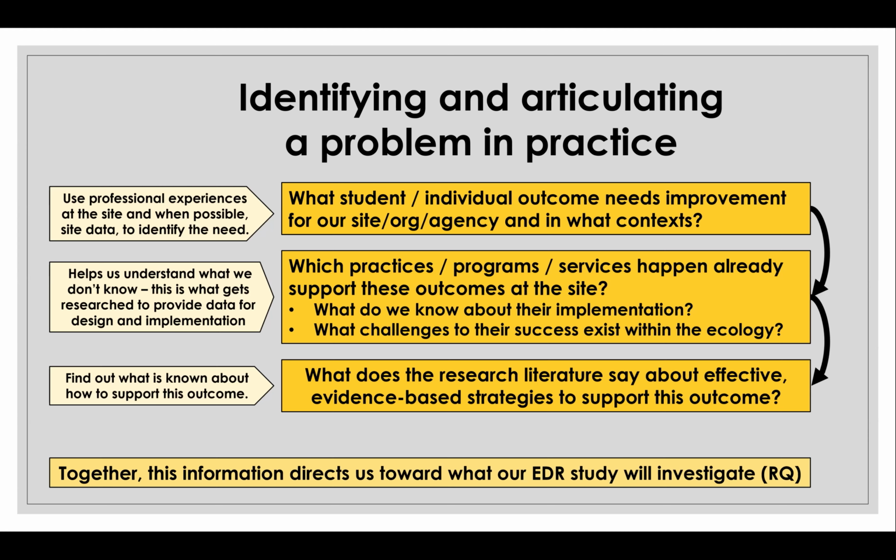So what exists out there? What are people doing to support soft skills and work readiness skills for young people with disabilities of this age group for this outcome, right? There's literature on that already.